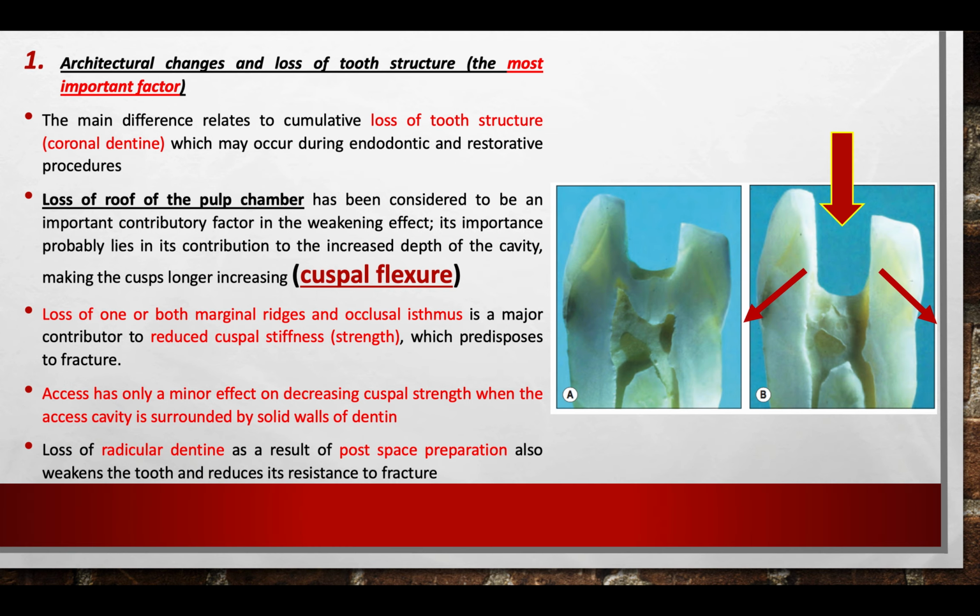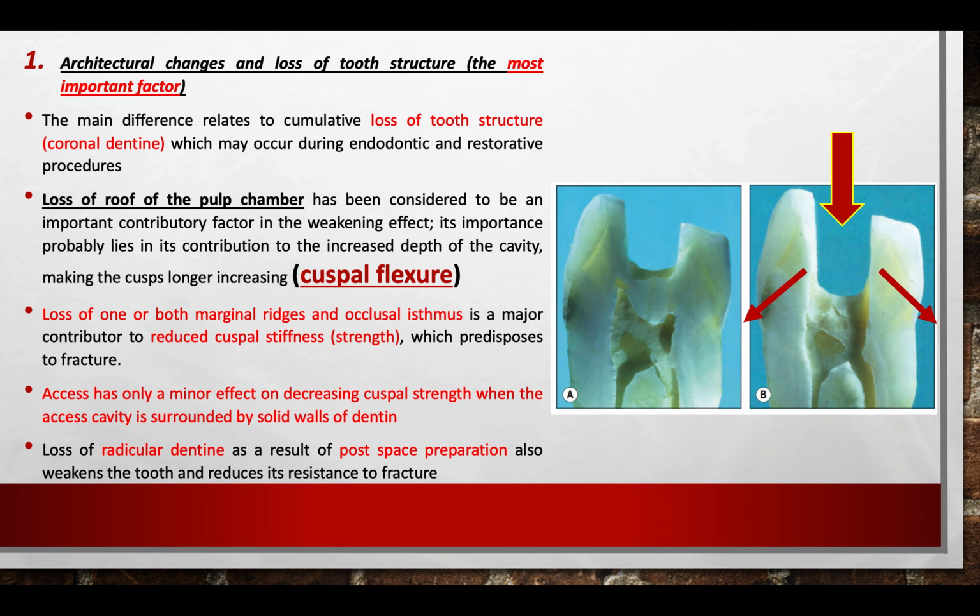An access cavity itself has only a minor effect on decreasing cuspal strength, but when one or both of the marginal ridges are lost, then the strength of the tooth is reduced significantly.